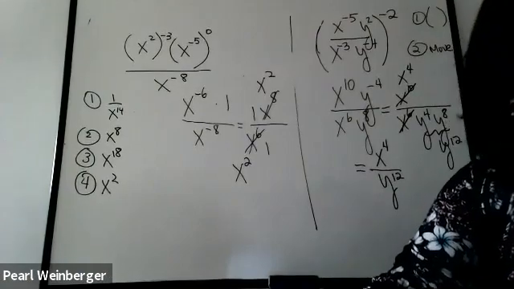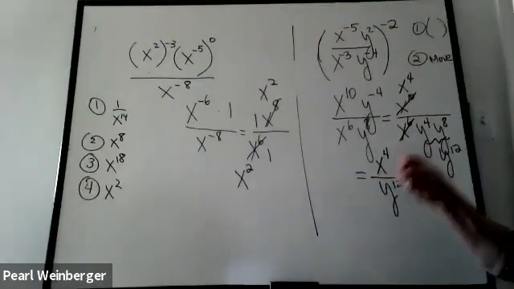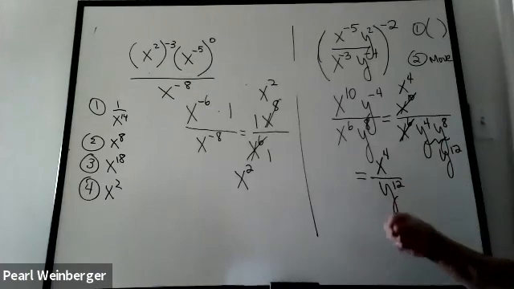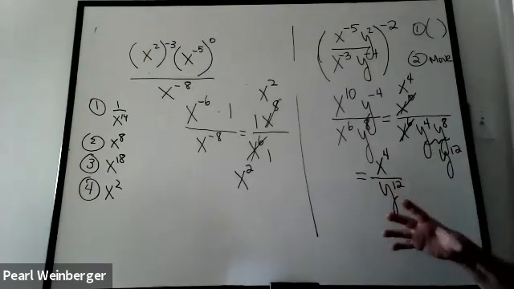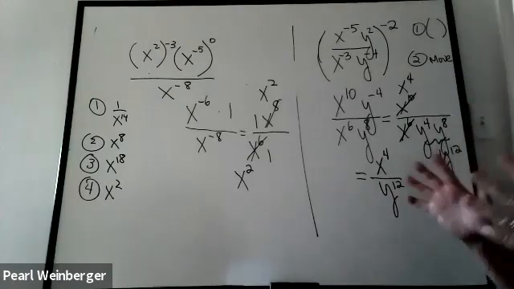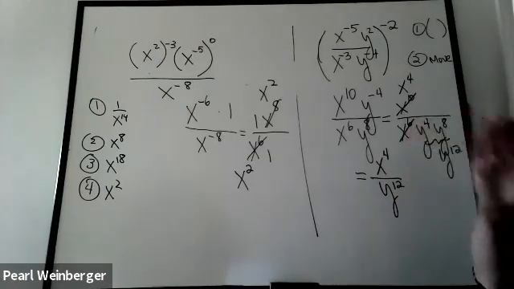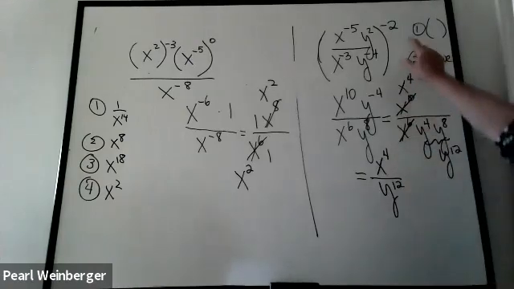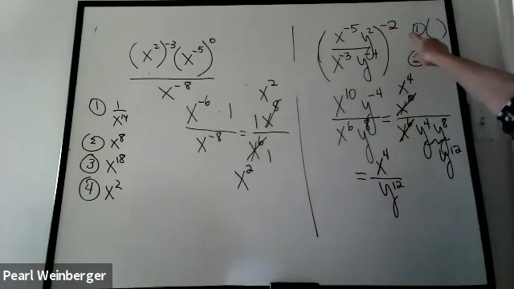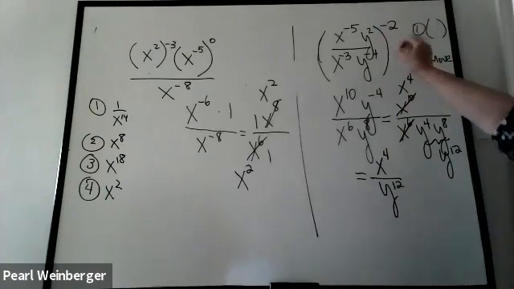Okay, great. Notice you have to do it step by step. Don't try to skip any steps. Don't try to do 2 steps at once. Remove your parentheses by applying your outside exponent to everything on the inside.